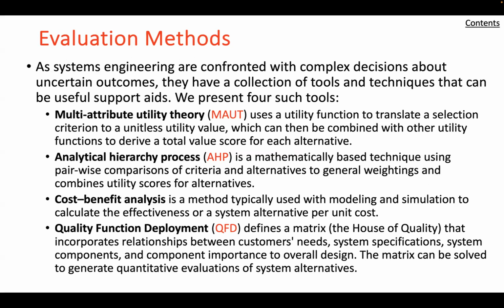Typically, utility is measured using a scalar between 0 and 1, but it can be any range of values. Combining weighted utilities can be accomplished in a number of ways. Three are mentioned: weighted sum, weighted product, and sum of the logarithms of the weighted utility.